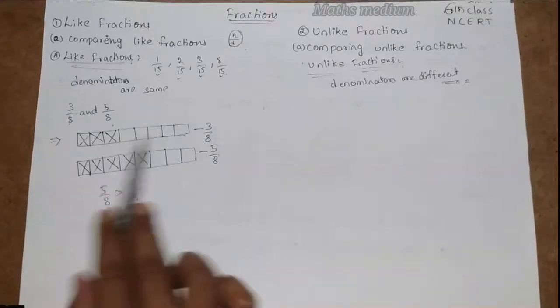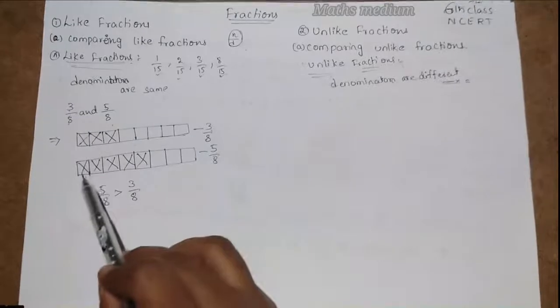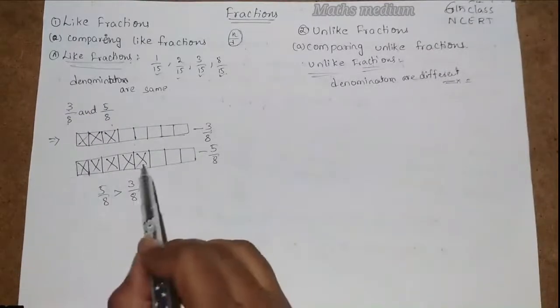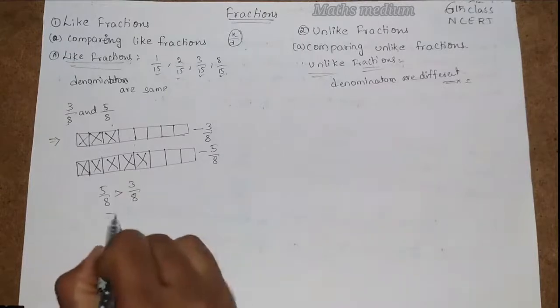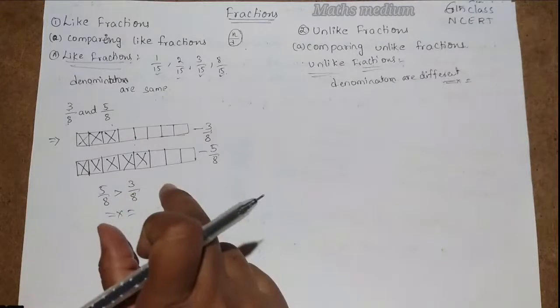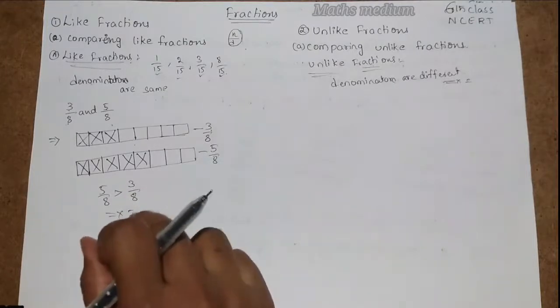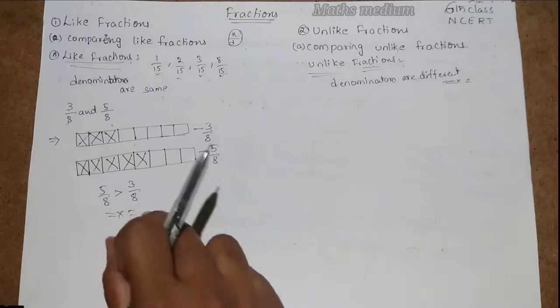Here 3 are shaded and there 5 are shaded. So obviously the numerator 5 is bigger. So in like fractions, that is the simple tip for comparing: which is the biggest fraction among those given. So this is comparing like fractions.